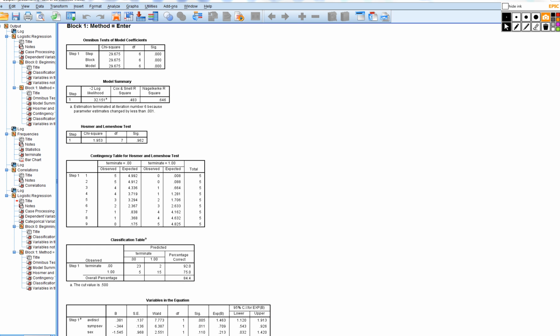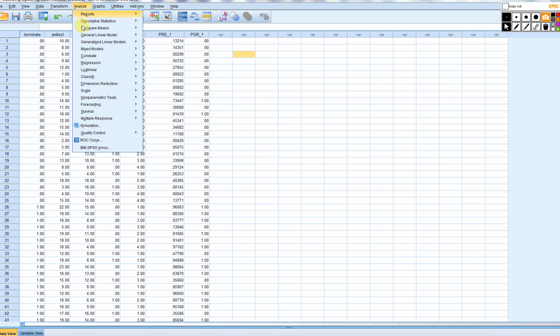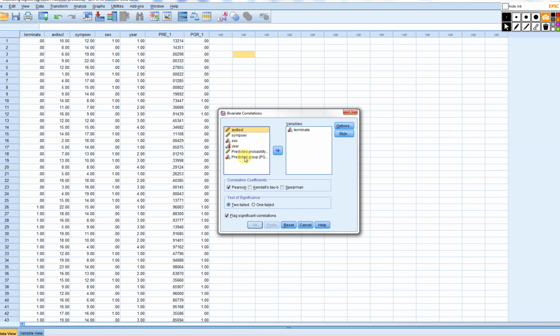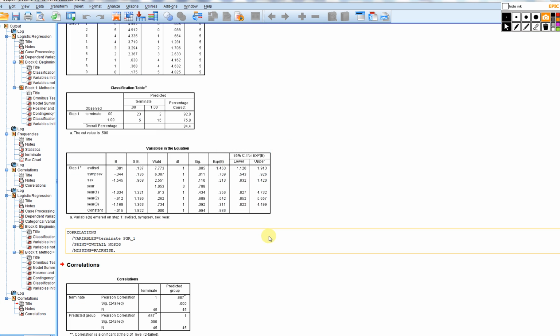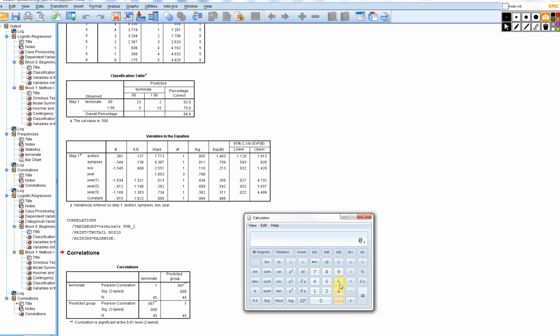In fact, I am going to use my preferred method that Tabachnick and Fidell used, which is to compute the phi coefficient. So we'll use predicted group and terminate here. I'll calculate the phi coefficient and then essentially square it.